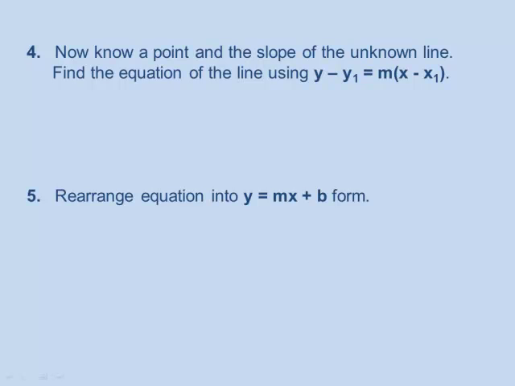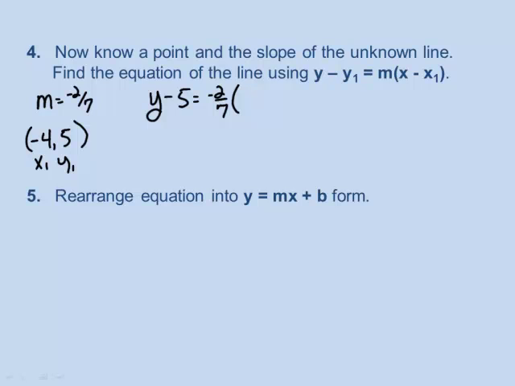Now you know a point and a slope of your unknown line. You can use that information to get your equation. So we know that our slope is -2/7. We just found that. And we know that our point, because the problem gives us this, is -4, 5. So that's going to be our x1, y1 value. So we get y minus y1 is y minus 5 is equal to our slope, which is -2/7 times the quantity x minus our x1 value, which is -4.